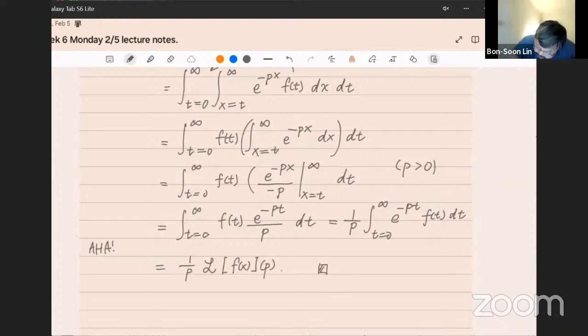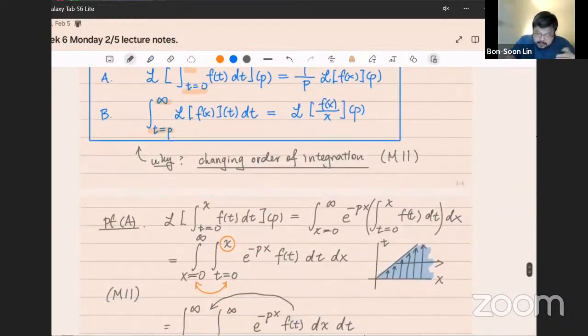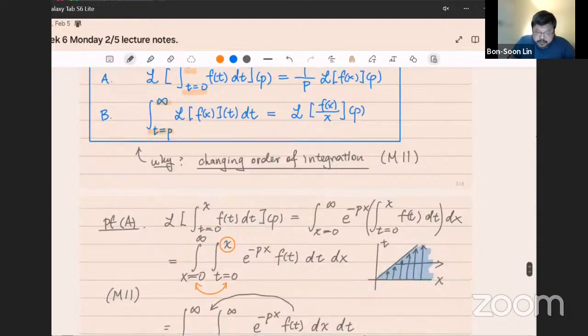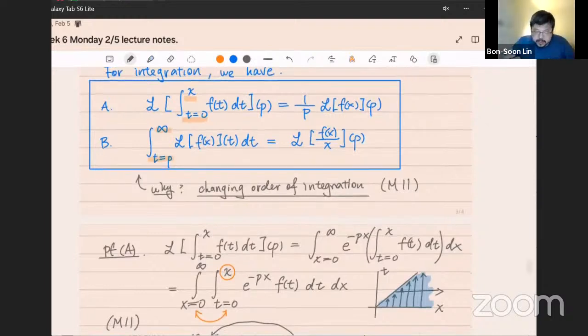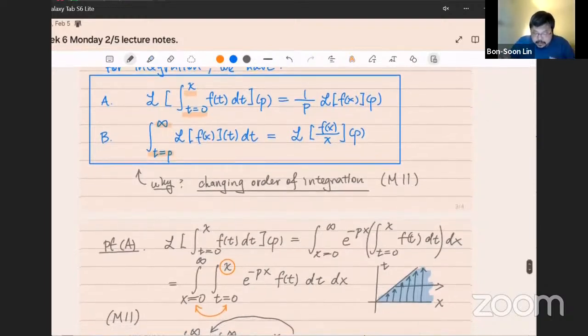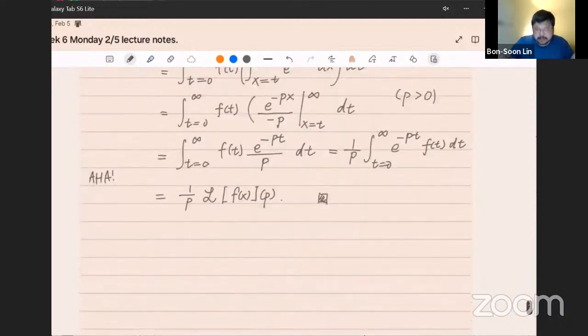Very cool. What we've shown is that by using this change of order of integration, because the Laplace transform of an integral is a double integral, if we change the order of integration, then we can rewrite it as a new double integral, which we recognize as simply 1 over p times the Laplace transform of f.